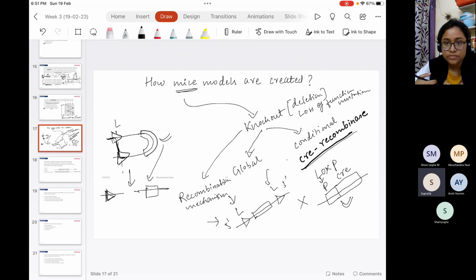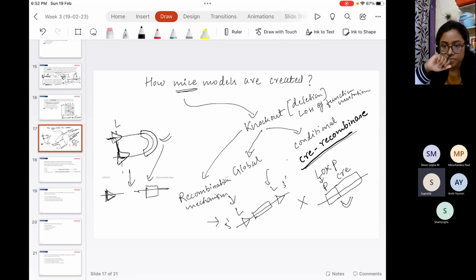Suppose a conditional knockout mouse can be made using the LoxP model, right? In one mouse we have added LoxP, and in another mouse we have added the Cre recombinase model. We cross the two mice, then we can see the effect in the next generation, that the particular gene is deleted.